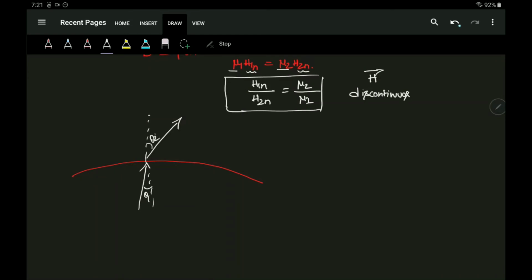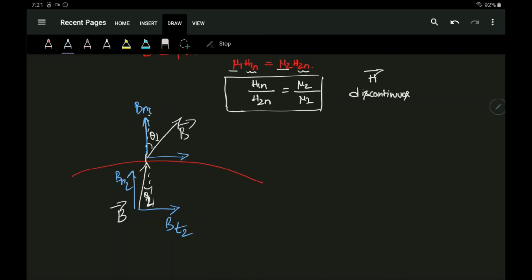Since this is medium 1, this will be my theta 1, this will be my theta 2. So this is my vector B, you can think of. So if I resolve this, I'll be getting the normal component and the tangential component. Even this, if I resolve, I'll be getting the tangential component and the normal component, right?